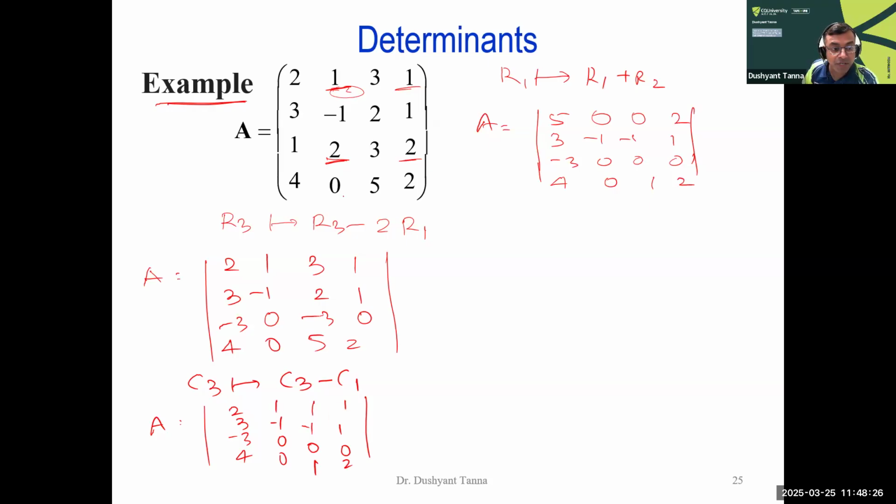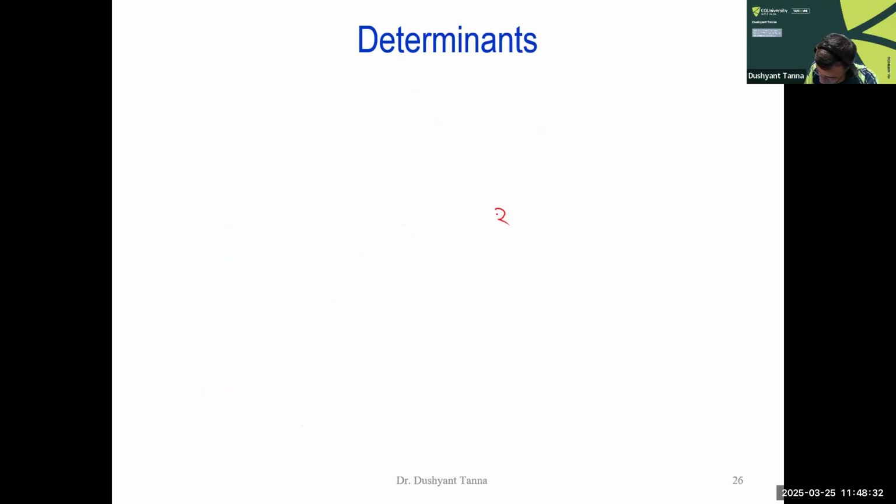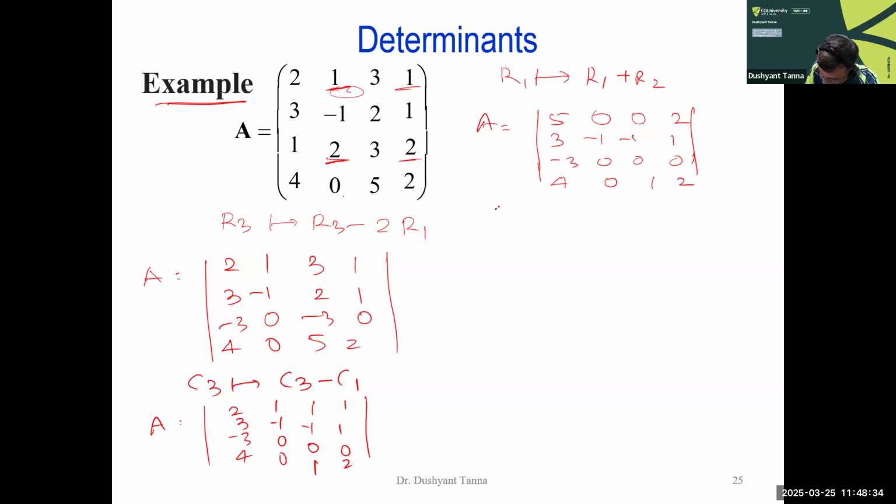So my next operation will be using row 1, but on row 4. Okay, so row 4 is previous row 4 minus row 1.